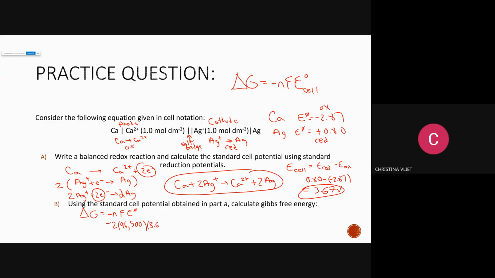And yes, this answer will be in joules. So when I multiply these three numbers together, I get some crazy large number. I get negative 708,000 joules per mole. Check to see if you get the same thing, because I was solving this yesterday. But we don't write that as a final answer, do we? What do we write?